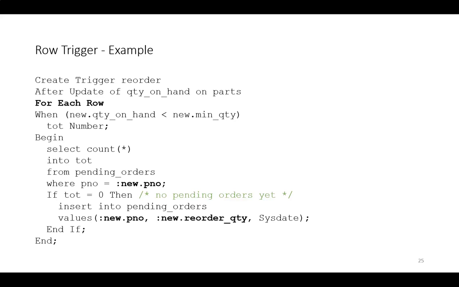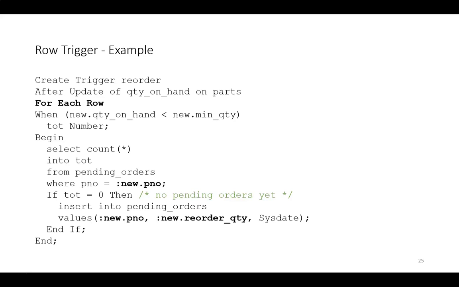In this example, we've simply automated the processing, but triggers are often used to supplement integrity, to enforce business rules. So if within the processing of the trigger, we detect that the statement is violating some policy, some business rule, what should we do? How should we respond? If the trigger completes gracefully, runs to conclusion, as we did with this one, then the DML statement that caused the trigger to fire will execute successfully.